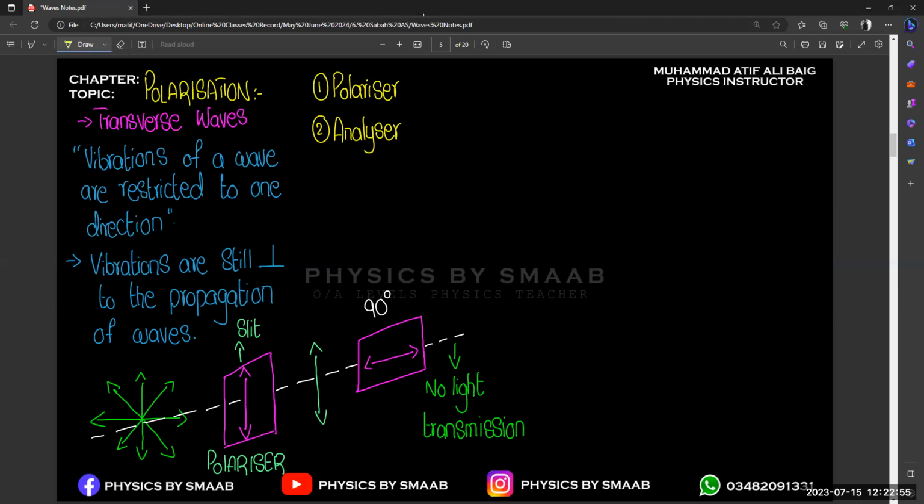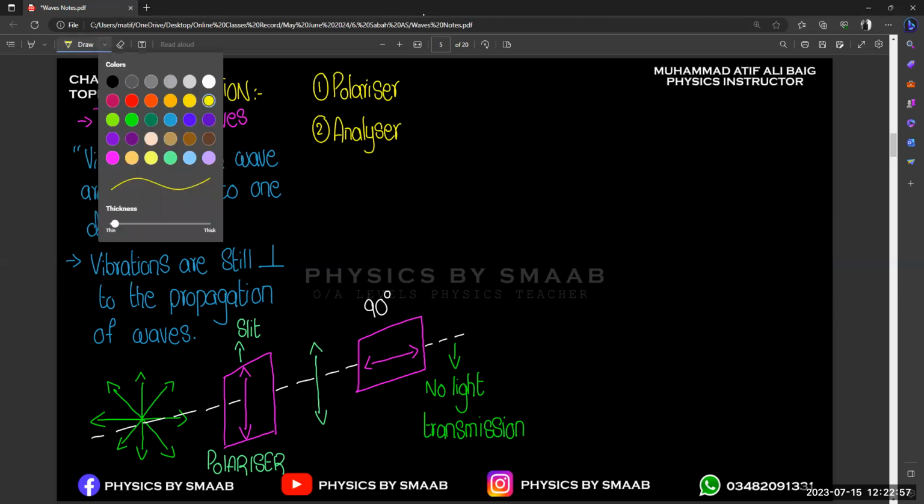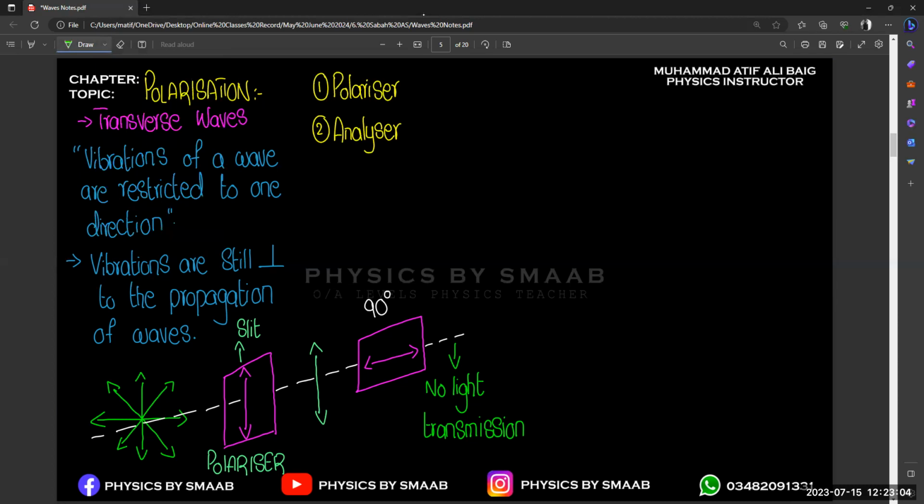Okay. So the next concept is related to the intensity, because we already know the polarizing situation. Now we need to know how we are going to calculate the intensity. To calculate the intensity, we have a very important law, that is known as the Malus law.